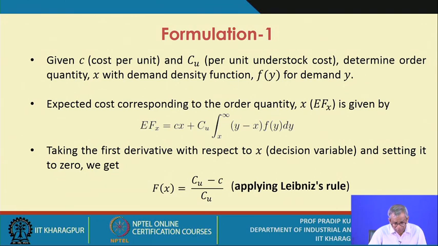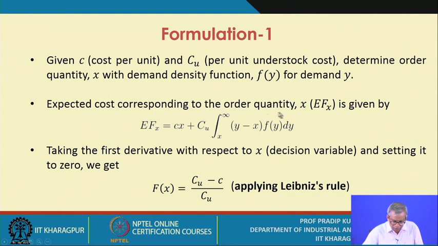So given small c, cost per unit, and Cu, the per unit understock cost. This is the notation we have used. Determine order quantity X with demand density function f(y) for demand Y. So there is a density function and the demand is Y.